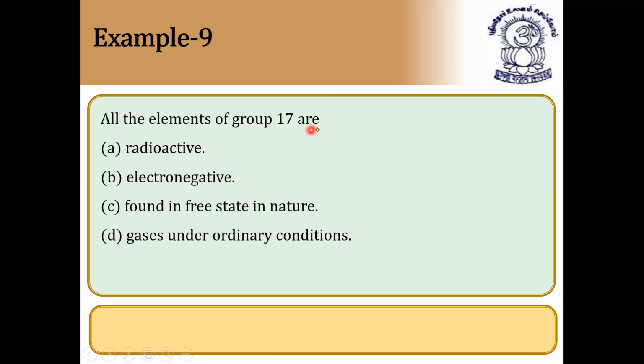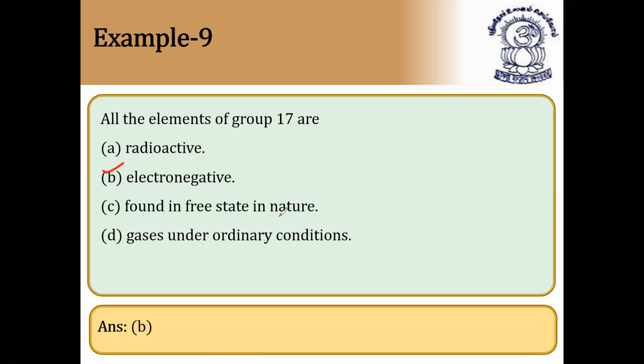All the elements of group 17 are radioactive, electronegative, found in free state in nature, gases under ordinary conditions. They are electronegative in nature, which we already know. They are not gases at ordinary conditions because iodine is a solid.